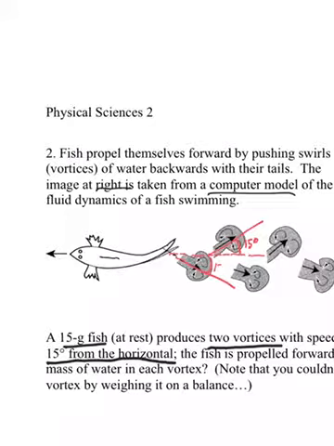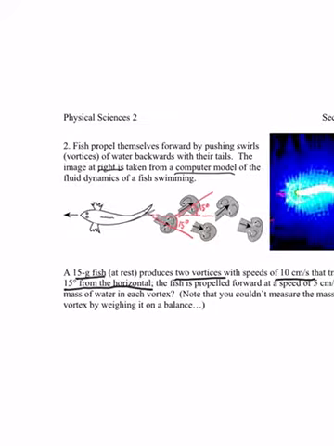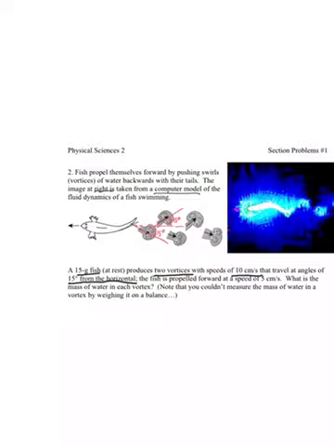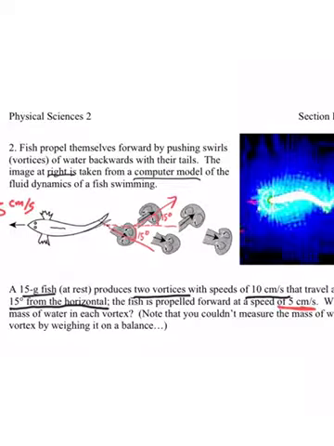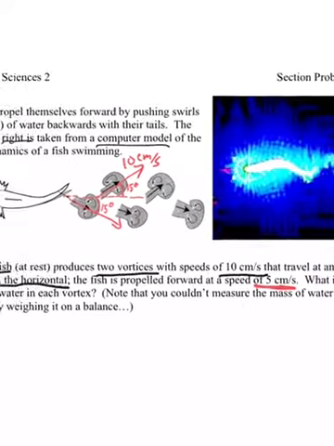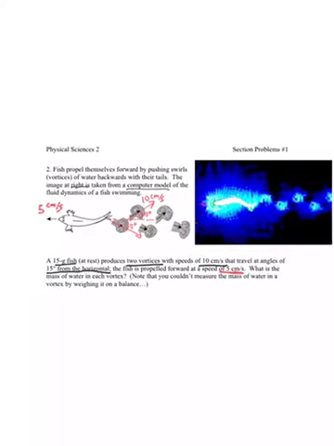The fish is being propelled forward at a speed of 5 centimeters per second, and the vectors of the vortices are 10 centimeters per second. The question asks, what is the mass of water in each vortex?